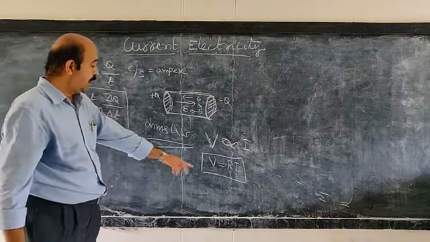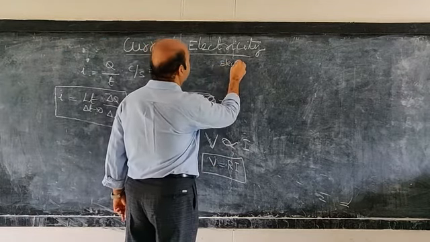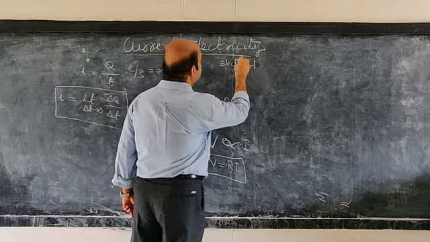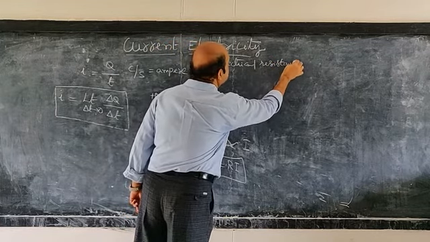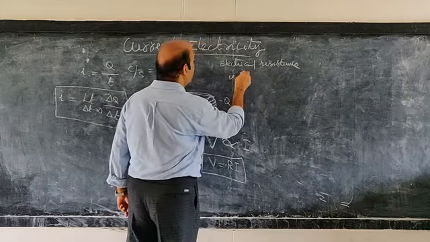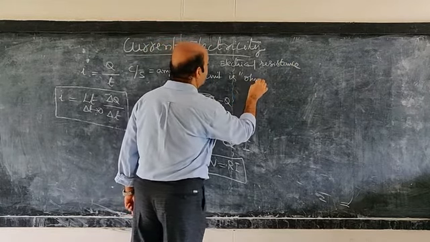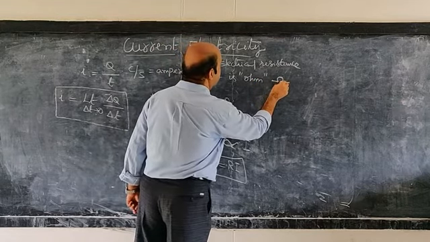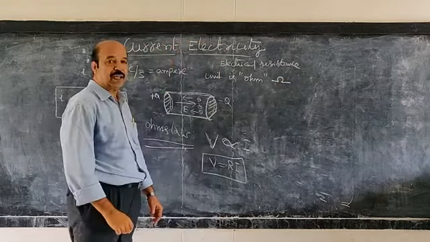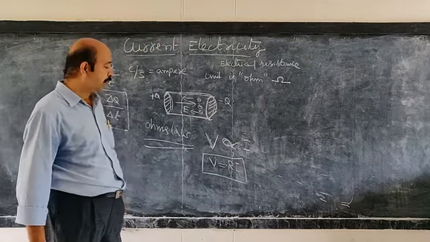This constant we call electrical resistance. And the unit of electrical resistance is Ohm. And you know the symbol? This is the symbol of electrical resistance. So R is equal to V by I.